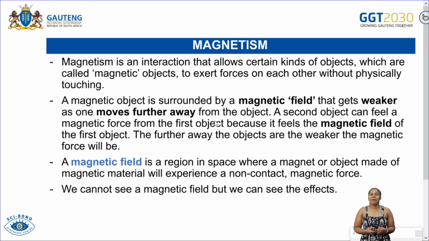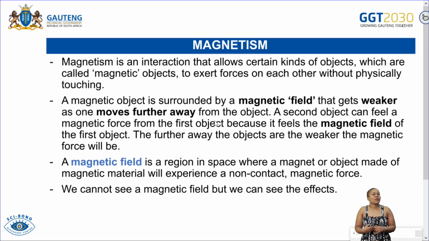So what we mean is that a magnetic object is surrounded by what we call a magnetic field that gets weaker as you move further away from the magnetic object. Okay, so a second object can feel more magnetic force from the first object because it feels more of the magnetic field of the first object, but the further away, the weaker the magnetic force the object will experience.